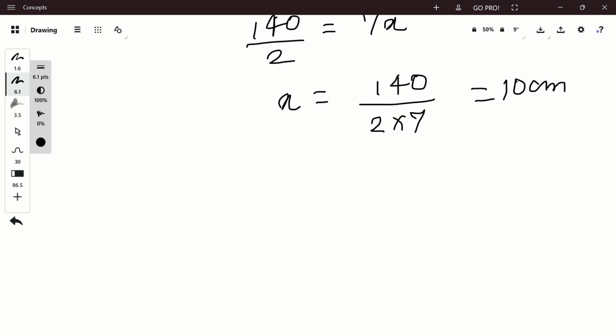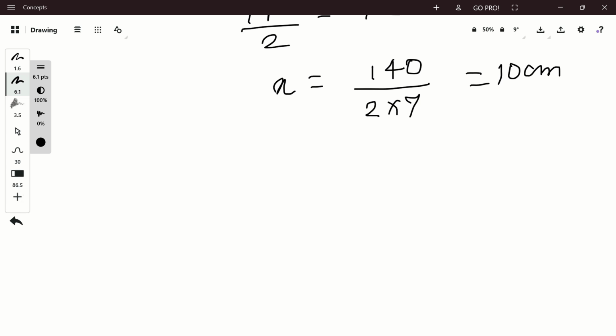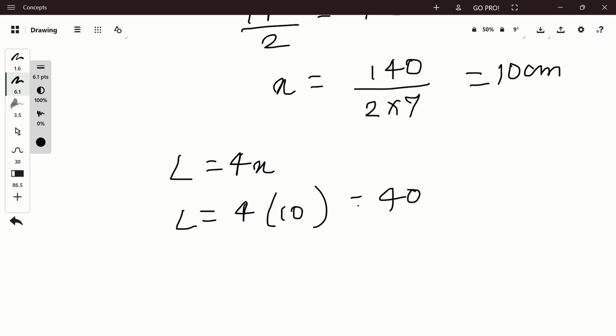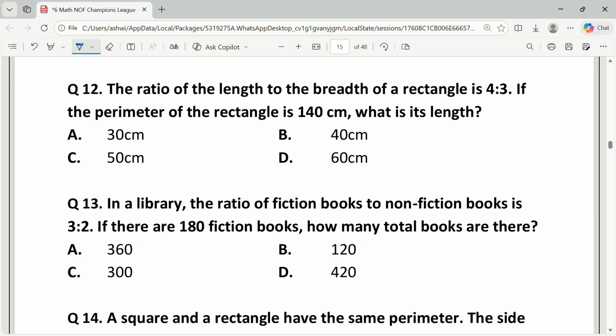Substituting the value of x into the expression for length, we have L is equal to 4x. Hence L is equal to 4 into 10, which is equal to 40. Comparing with the options, the answer is B, 40 centimeter.